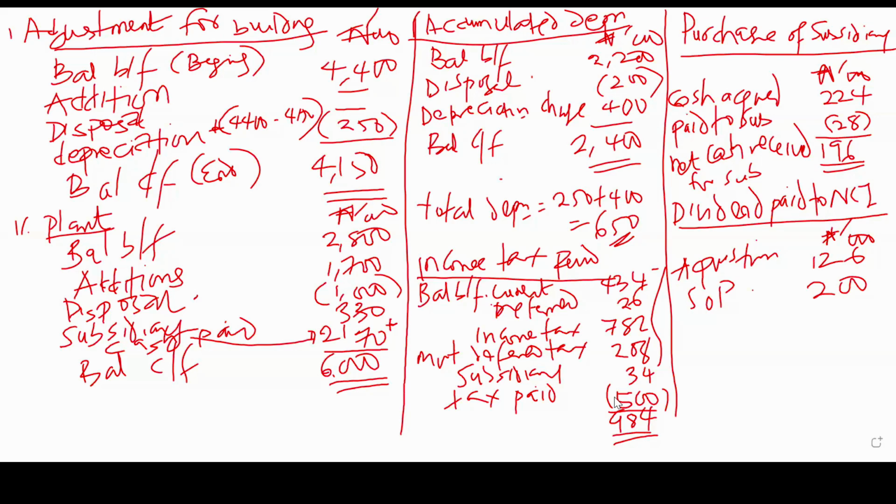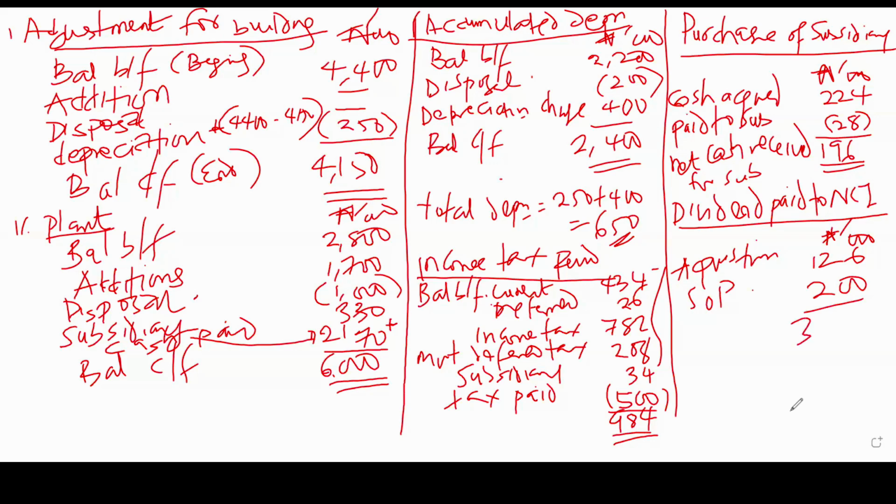The attributable profit distributed to owners of the parent was 2,490,000. The remaining 200,000 was attributable to NCI. So it is that 200,000 that I am making reference to. When you add that together, it means that your NCI should have been 326,000.